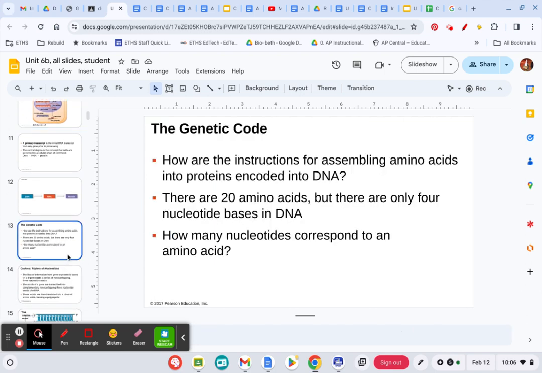So the question is, how are the instructions for assembling amino acids into proteins encoded in DNA? So let's step back there for a second and just remember, what are proteins made of? Amino acids. They're made of amino acids. Okay? So there's 20 different amino acids.